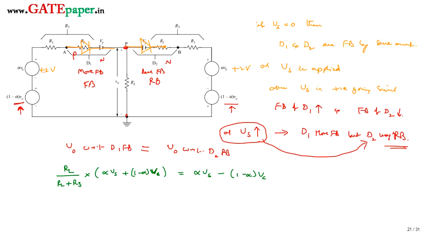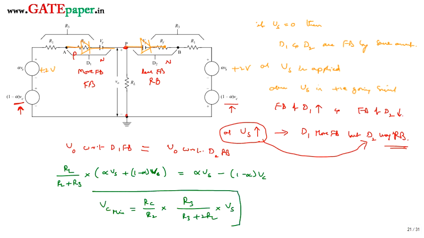So simplify this, and you are going to get the voltage Vc minimum. Vc minimum is equal to Rc by R2 into R3 by R3 plus 2RL, times Vs. So the minimum value of control voltage during the transmission period should be equal to this much, so that both the diodes are forward biased and it can act as a bidirectional sampling gate.